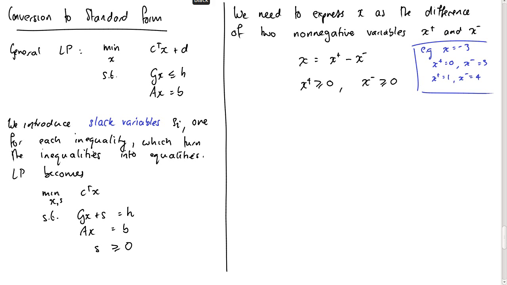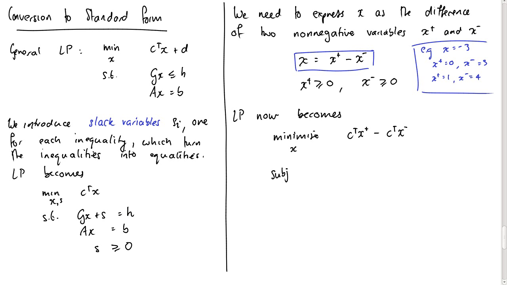Okay, so we've got these extra variables, so let's just plug them into our linear program. So the LP now becomes: minimize C transpose X. I'm just writing X here as an abuse of notation to include X plus, X minus, and S. Minimize C transpose X plus minus C transpose X minus. I'm just replacing X by X plus minus X minus, basically plugging this equation into the LP.